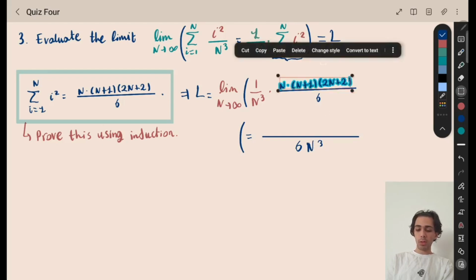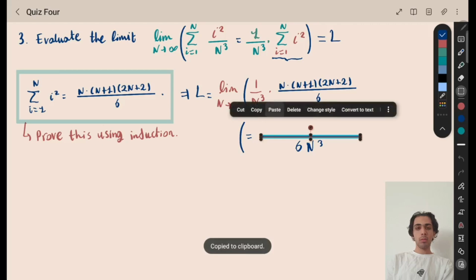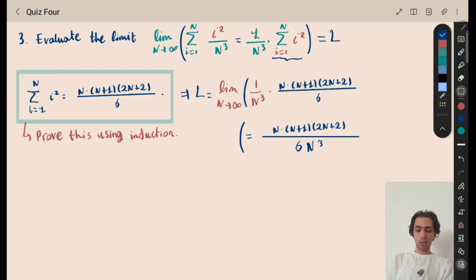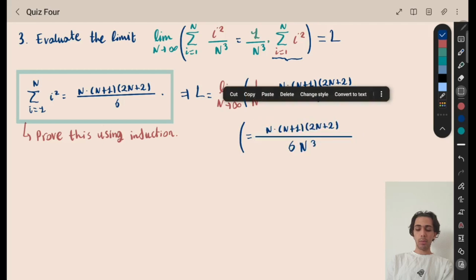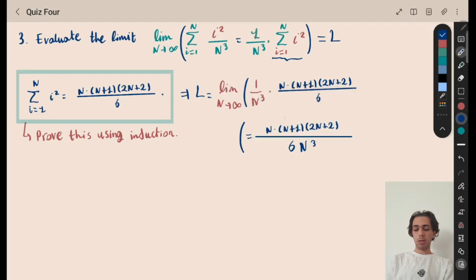You could expand this whole expression. This is really something you could do, and it's not a bad exercise. Here you have 2 terms, here you have 2 terms and 1. So it will be probably 4 terms. You can expand them, write them down. But then we're taking the limit.